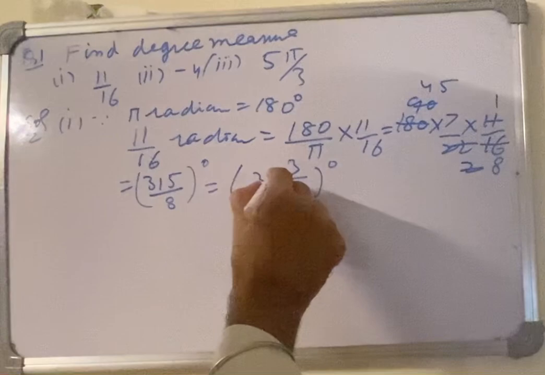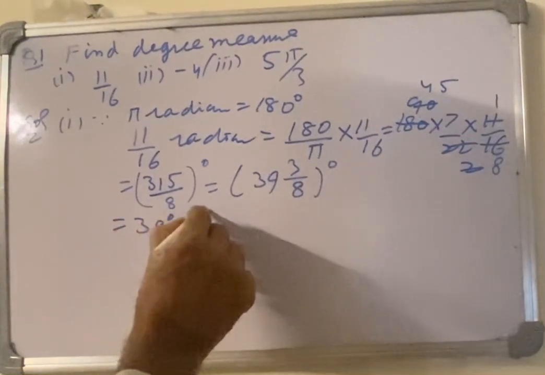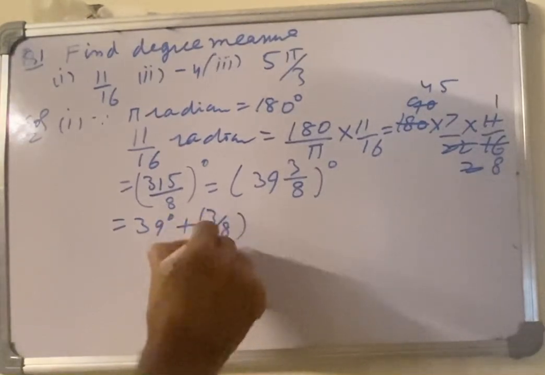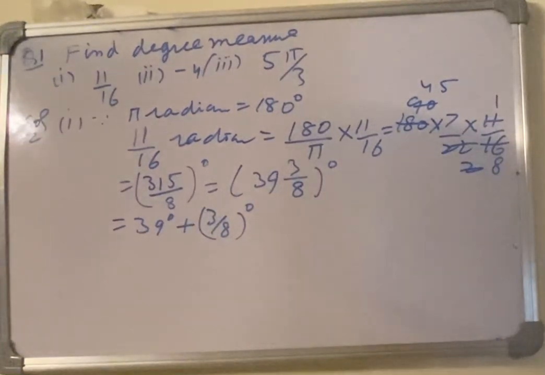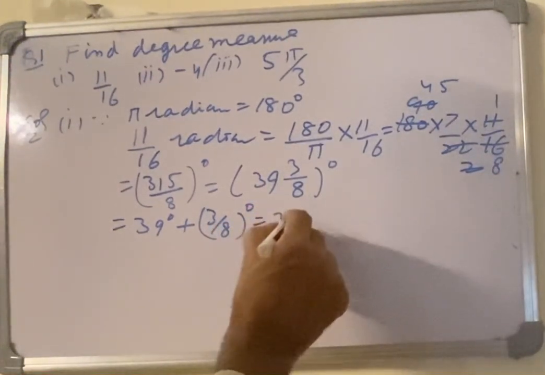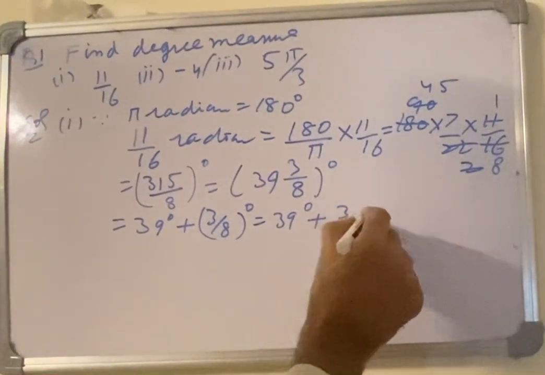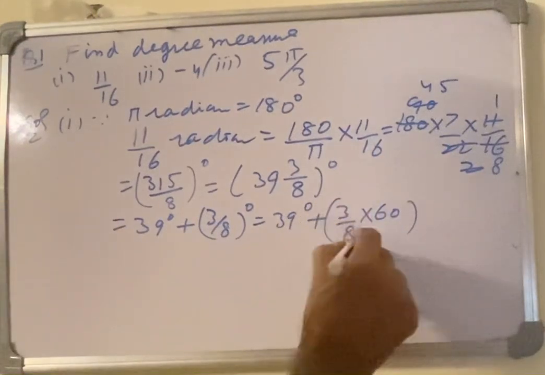As we have done in previous questions also, we shall write it as 39 degree plus 3 over 8 degree. Now this fractional part we shall convert into minutes by multiplying this by 60. It is 39 degree plus 3 over 8 into 60 minutes.